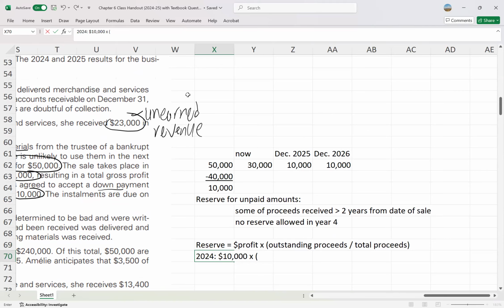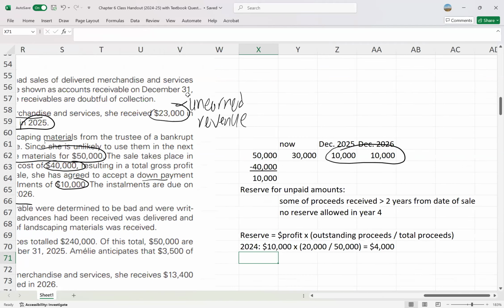At the end of the year of 2024, there is 20,000 in outstanding proceeds, and the total proceeds is 50,000. So because 20,000 of the 50,000 is outstanding, we can take that fraction, 20 divided by 50,000, which is 40%, and multiply that by the 10,000 profit. So she's able to take a reserve of 4,000 in that first year, 2024. Any questions about that calculation?